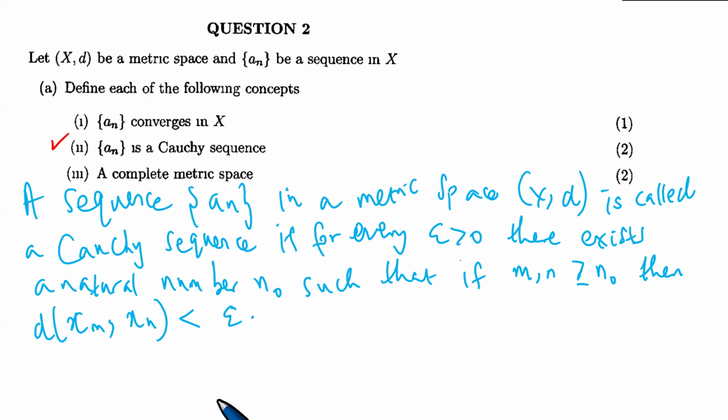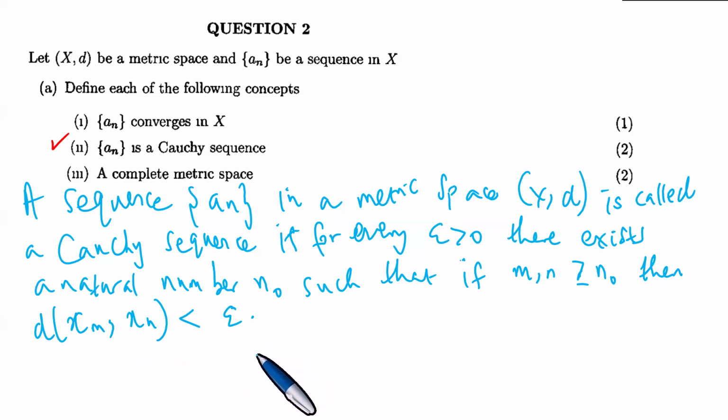Okay, we continue, please. The sequence AN in a metric space XD is called a Cauchy sequence if for every epsilon positive, there exists a natural number n0, such that if m and n are bigger or equal to n0, what does it mean m and n are bigger than n0? It means this m and n approach infinity. Then the distance between xm and xn, when m and n approach infinity, is smaller than epsilon.